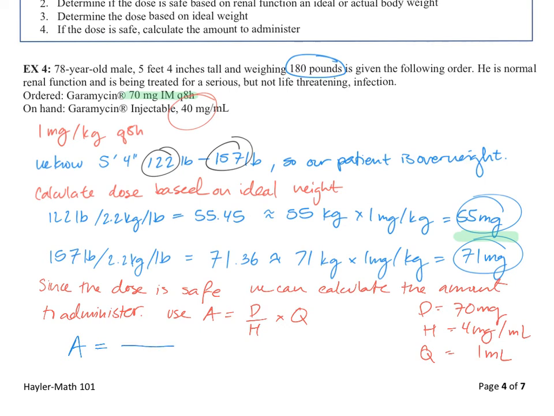So we get D, 70 milligrams, over H, which is 40 milligrams, times Q, which is 1 milliliter. Simplifying out, we get 1.75 milliliters, which we could round to 1.8 milliliters.